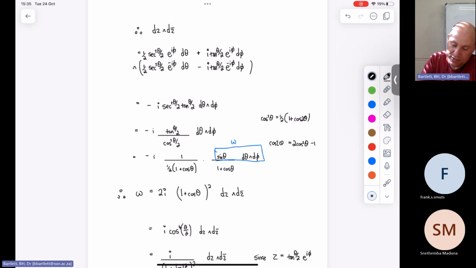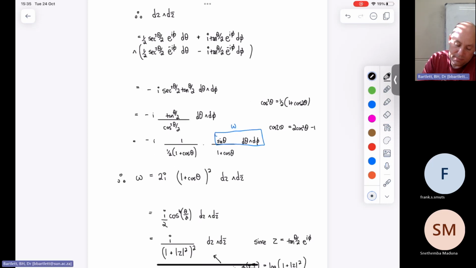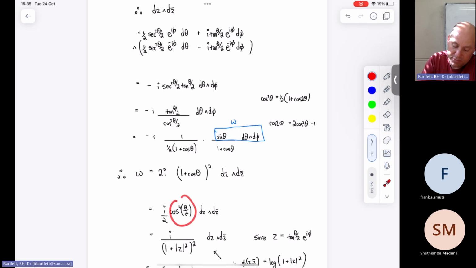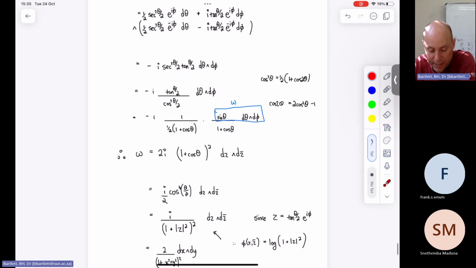I think I've now got to do something like a over 2 here. And now this expression here, what is it? Well, let's have a look.